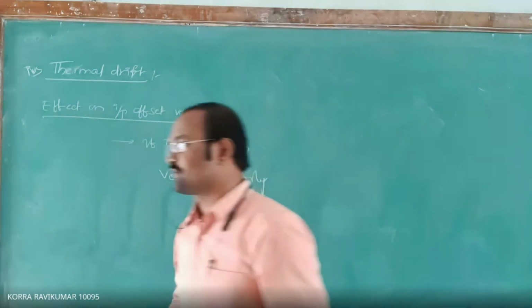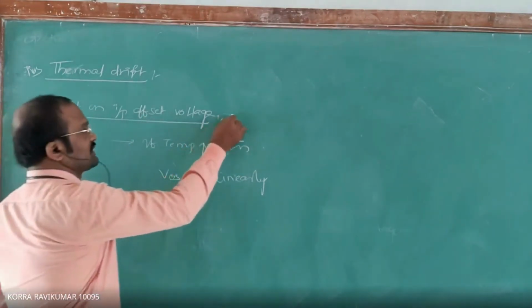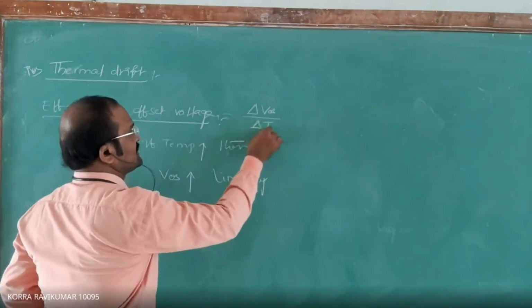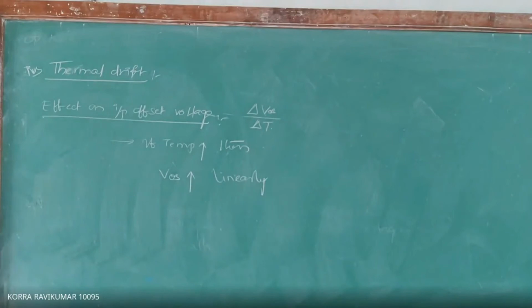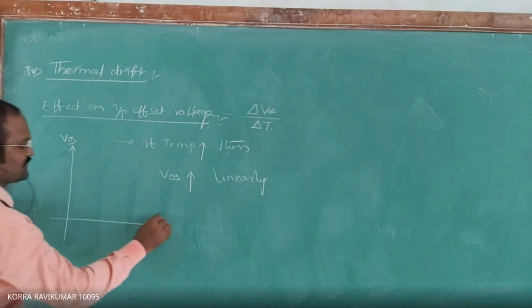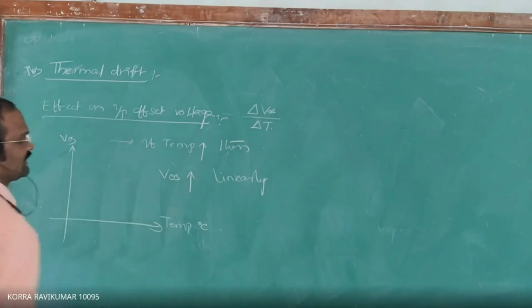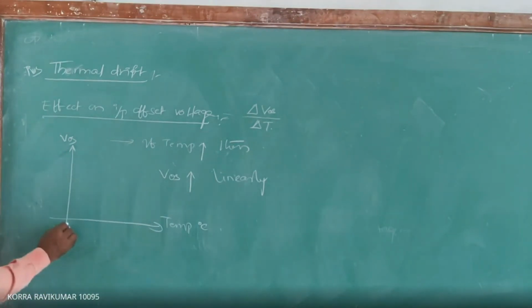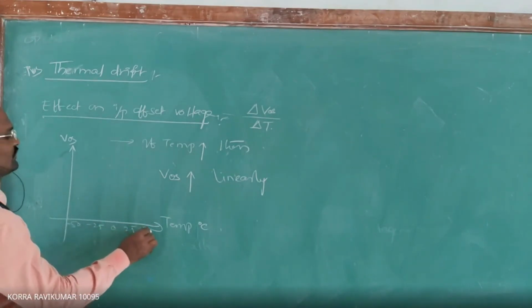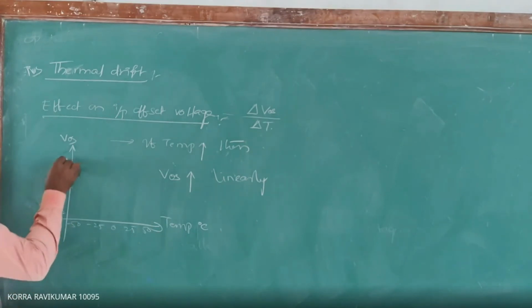So if you write the expression for that, the effect on input offset voltage is the change in offset voltage with respect to the change in temperature. If you draw offset voltage versus temperature in degrees centigrade, temperature ranges from minus 50, minus 25, 0, 25, 50, and voltage from minus 2, minus 1, 0, 1, 2.